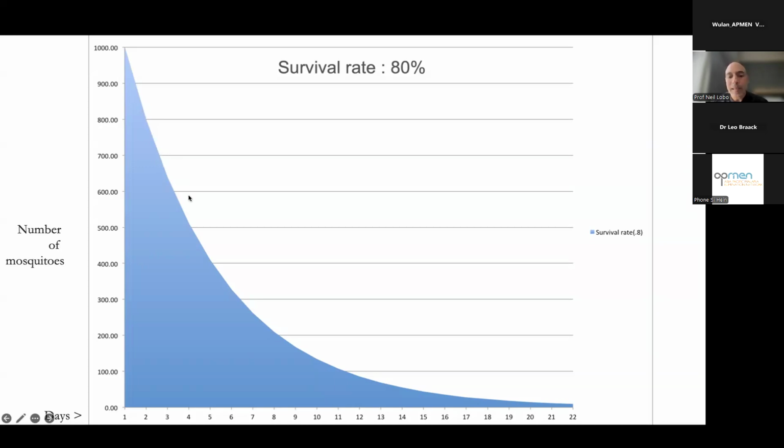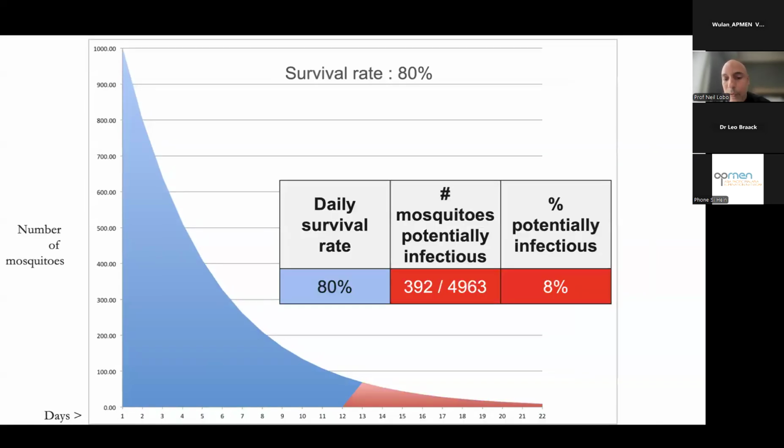So now, if you think about how this functions, let's say every single mosquito bites me and I have malaria, all those 1,000 mosquitoes, and every single one of them gets infected with malaria. We know this is probably not true in reality, but let's assume that all of them get malaria. The parasite takes 10 to 14 days to develop, and only after that are they infectious.